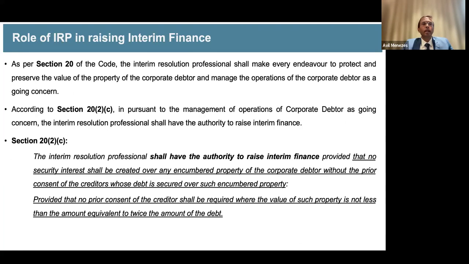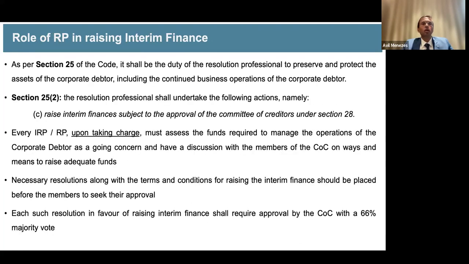So section 25 talks about the authority of an IRP, RP to raise interim finance. The first and most important thing, as a financial expert, as someone who's taking over the company, is to understand what is the requirement of the fund. So you have to sit with the management, understand the working cycle, understand the cash flow gaps over a period of 3 to 6 months, then look at the highest gap, and that is the funding that you would need.